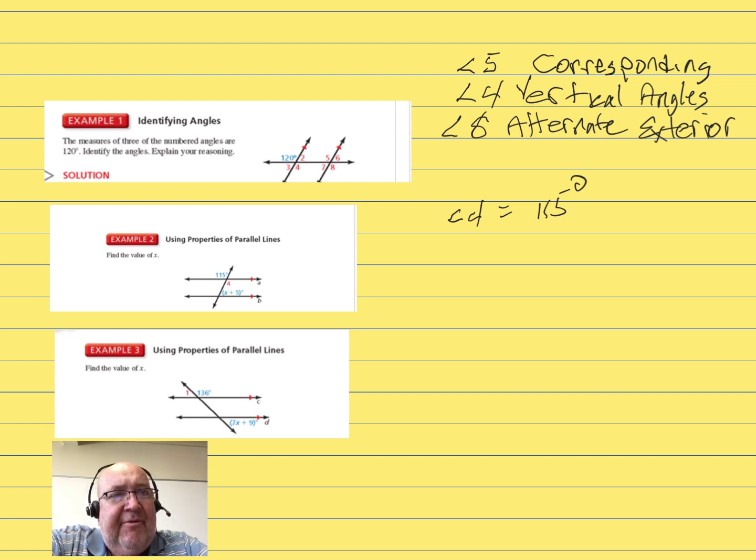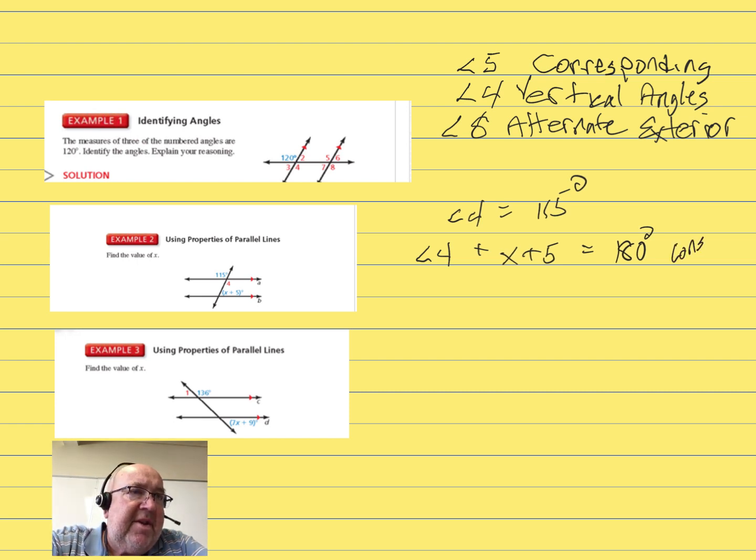We know that angle 4 plus x plus 5 is equal to 180 degrees because of consecutive interior angles. Then we can substitute 115 degrees for angle 4. 115 degrees plus x plus 5 is equal to 180 degrees.